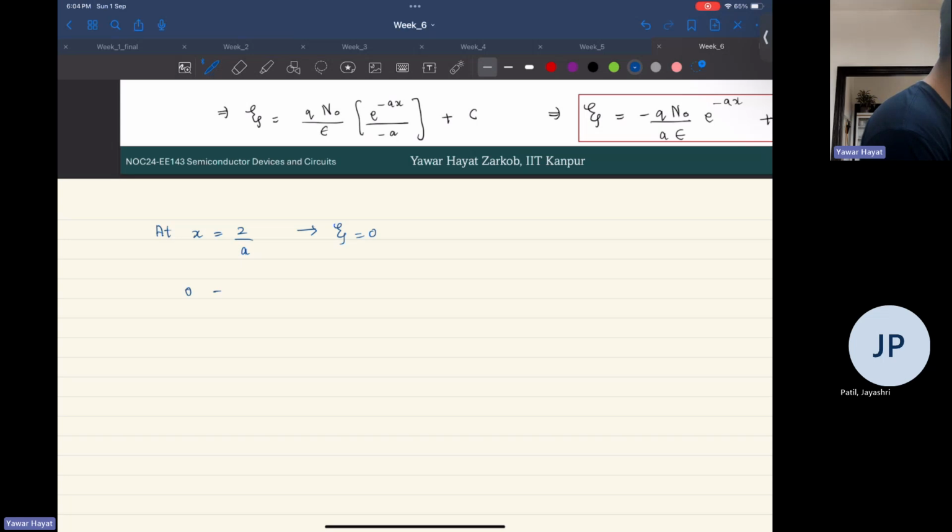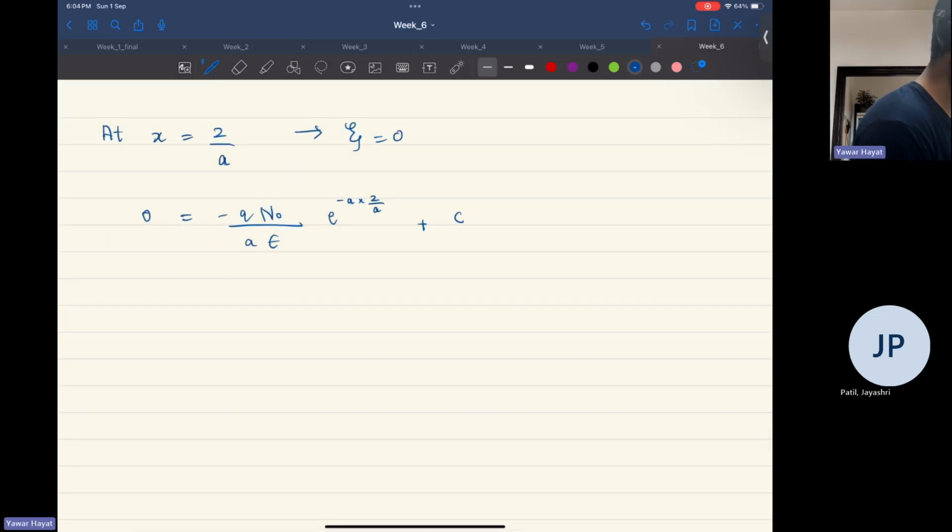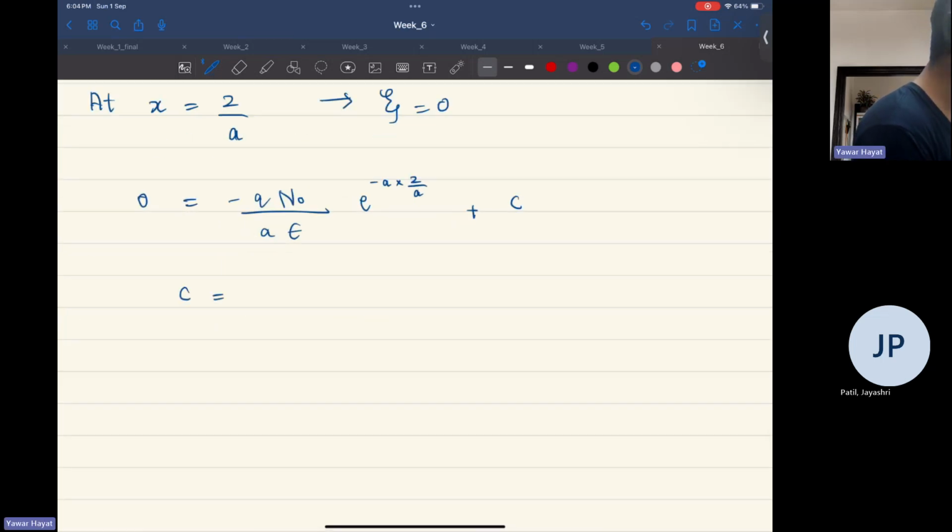So 0 would be equal to minus q n0 whole divided by a epsilon, exponential of minus a into 2 by a, plus c, right? C would be equal to q n0 whole divided by a epsilon and your exponential of minus 2. So we have computed C now, right?